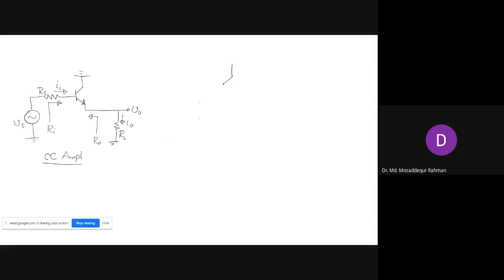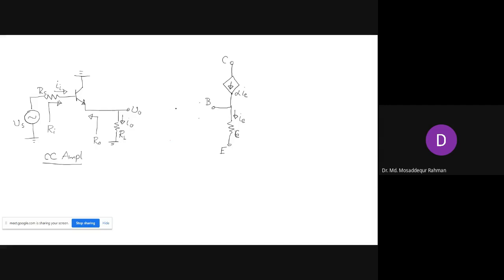Let's use the T model. So this is our T model.